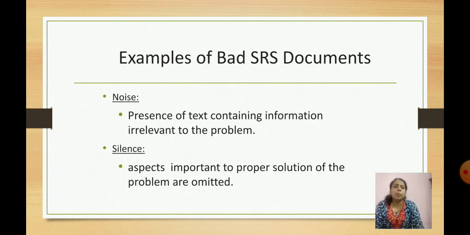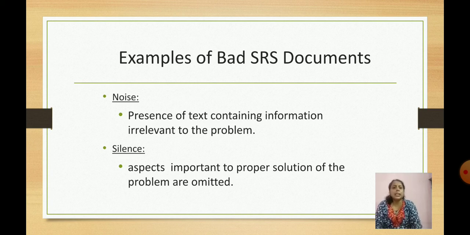Expect important to proper solution of the problem are omitted, means the proper solution; if there is no proper solution of the problem, no main objective of the problem, then that is also a characteristic of a bad SRS document.